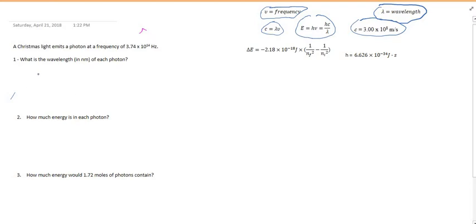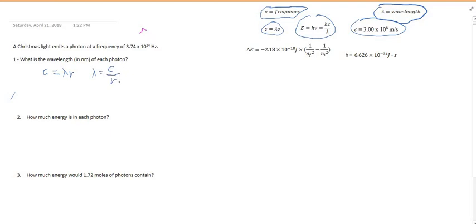What is the wavelength in nanometers of each photon? I give you the frequency, so we can use that equation. We can say that C equals lambda, the wavelength, times the frequency. I want to know lambda, so I can rearrange that equation and say that lambda is equal to the speed of light divided by the frequency.